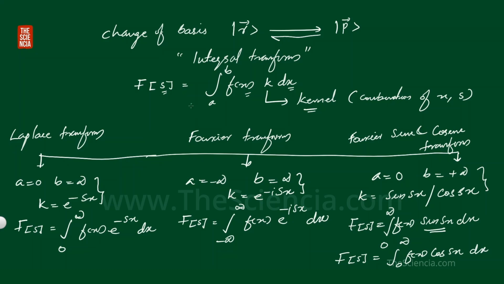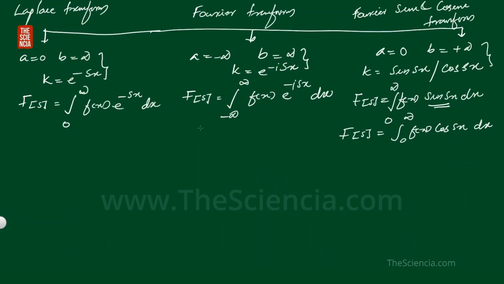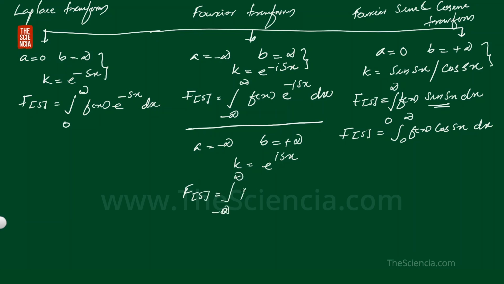Okay, so for our case, here I am adding one more transform, that is a equal to minus infinity and b equal to plus infinity, and kernel is equal to, here this e raised to minus isx. Now I am going to take e raised to isx, that is F(s) is equal to integral minus infinity to infinity f(x) e raised to isx dx.